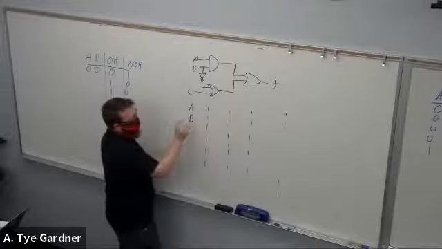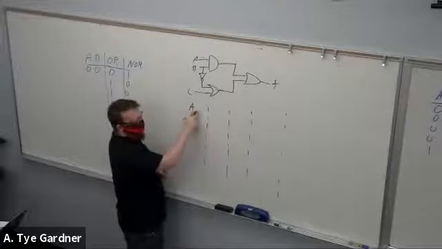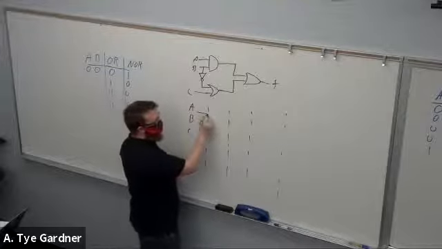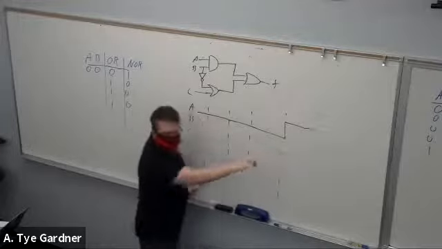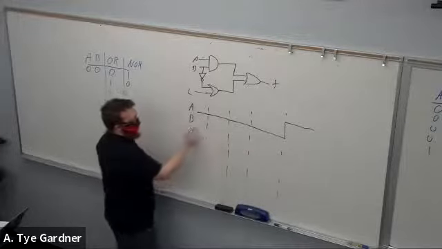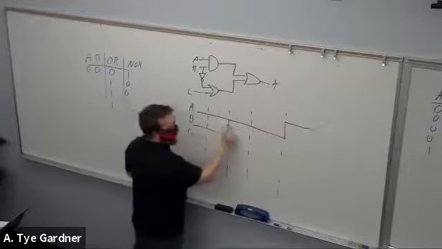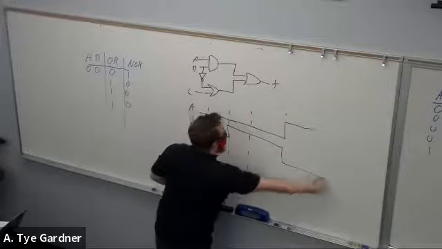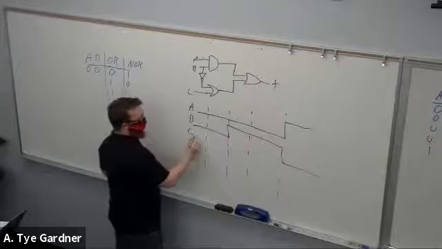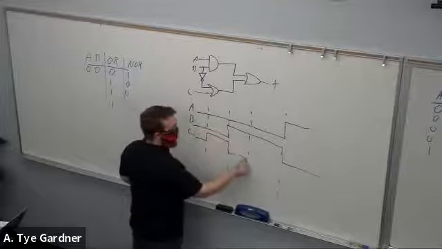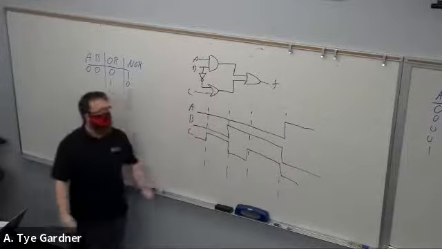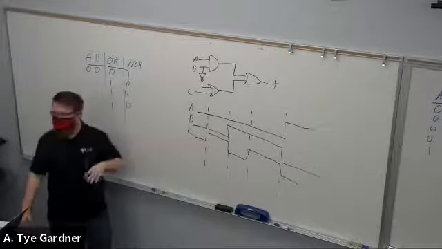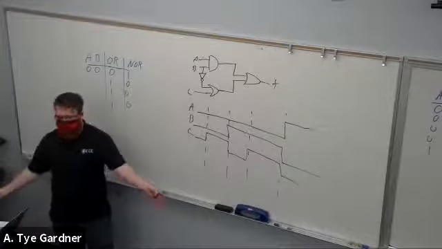But for these, if this is my MSB, then it's going to be 0, 0, 0, 0, 1, 1, 1, 1, right? And then B is 0, 0, 1, 1, 0, 0, and this guy just changes every time. If I count with A, B, and C, then I cover all possible terms.